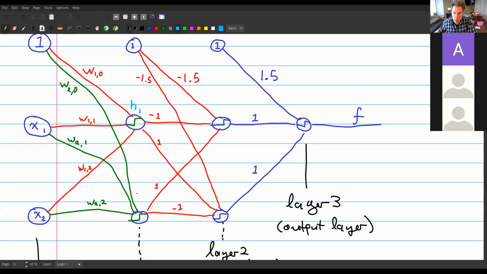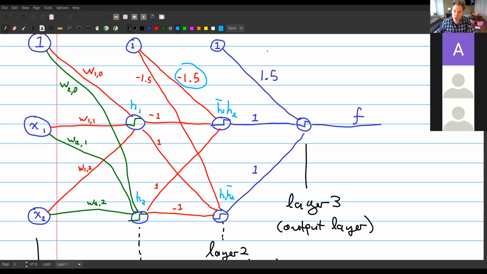This node represents H2. Okay, and now let's look at these minus. Let's just focus on the inputs here. So this is saying not H1. So this becomes not H1. But because of this, it's anded with H2. So this node becomes not H1 and H2. And for similar reasons, this one down here becomes H1 and not H2.